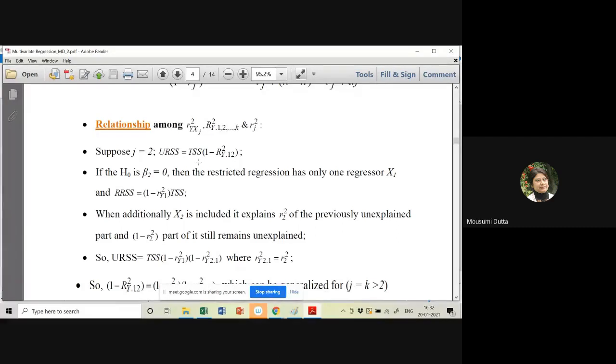So these two definitions are almost similar. In the earlier case, I wrote RSS is equal to TSS into 1 minus multiple r square.